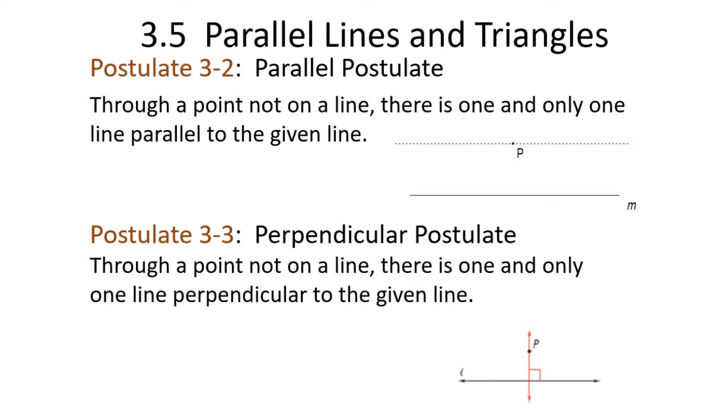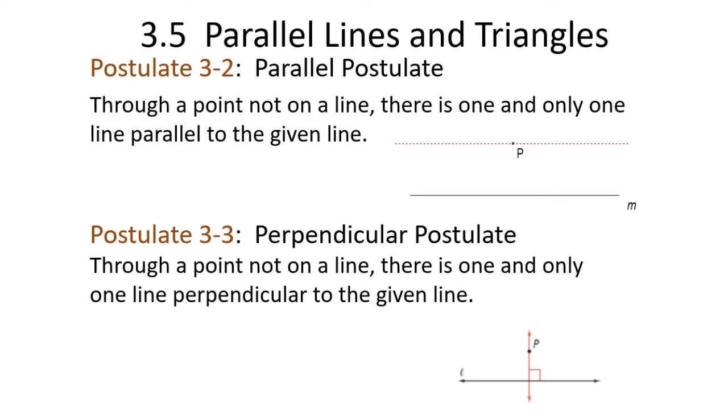So anytime you have a point P that's not on a line, the line M in this case, then there is exactly one line that's parallel to line M through point P. If you have a point not on a line, there's one line that goes through that point that's parallel to the other line. Hopefully that's pretty intuitive.